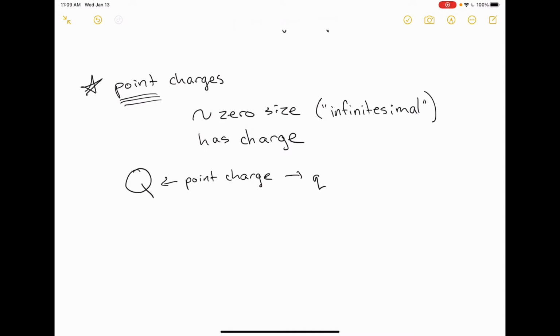Now, we said that charges exert forces on each other. Coulomb's law tells you how much force and in what direction charges exert forces on each other.